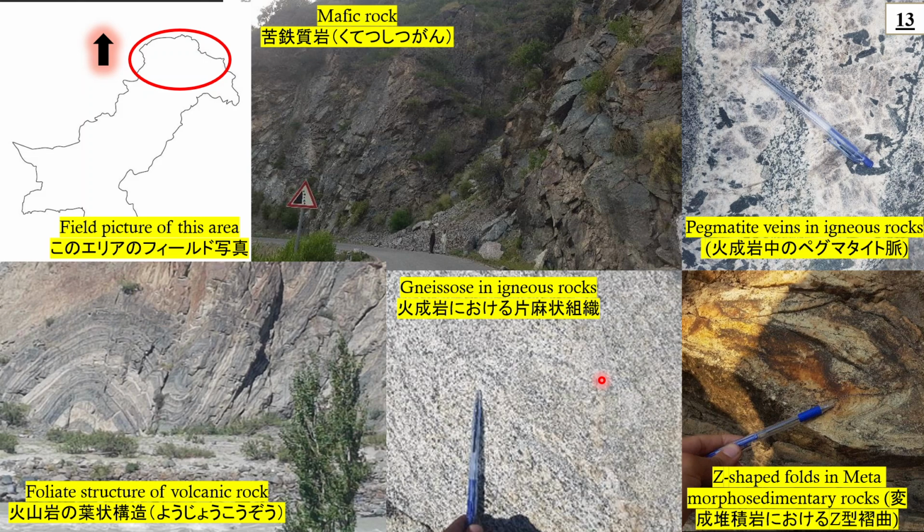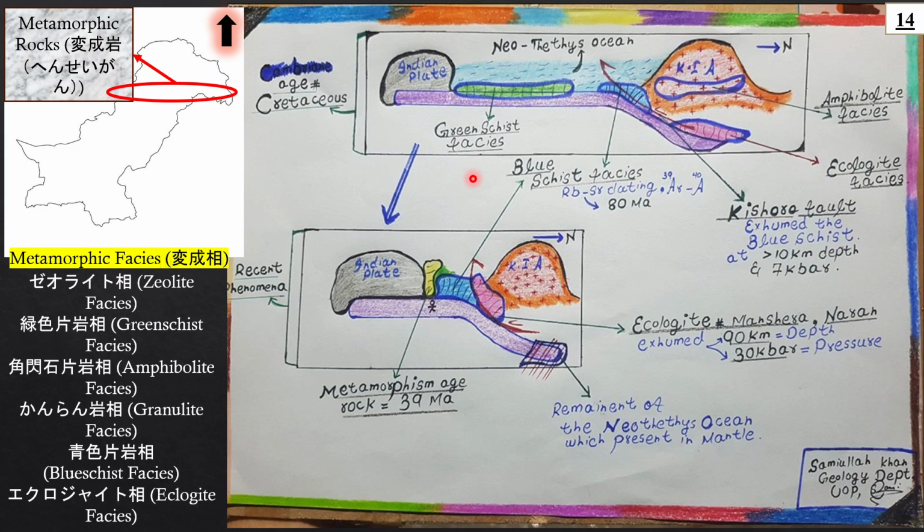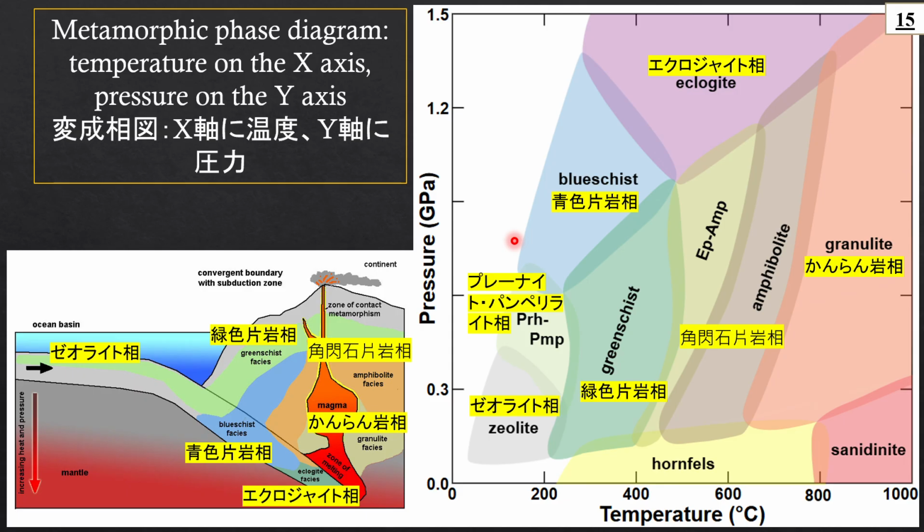This is a gneiss in the igneous rock. It's a foliated zone because it's near the convergence, which is why all the volcanic rocks are foliated. This is the mafic basement rock, and this is the tectonism of the metamorphic rock present in the north of Pakistan.